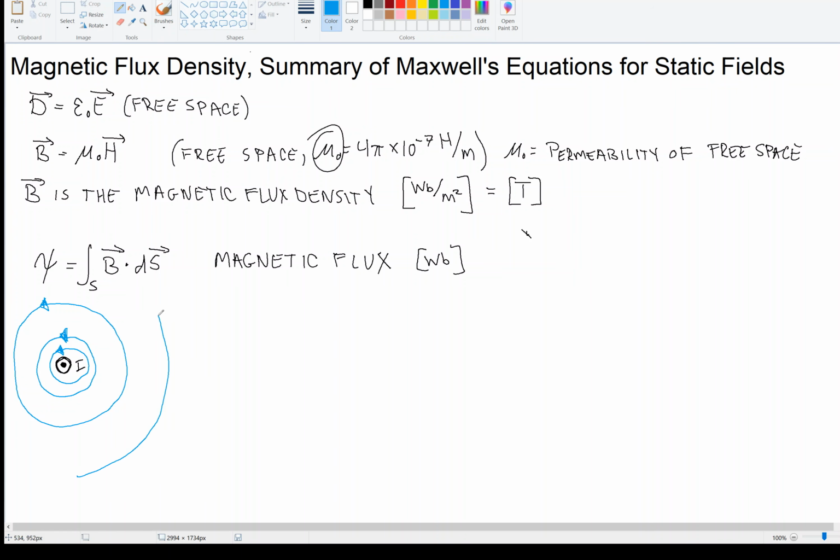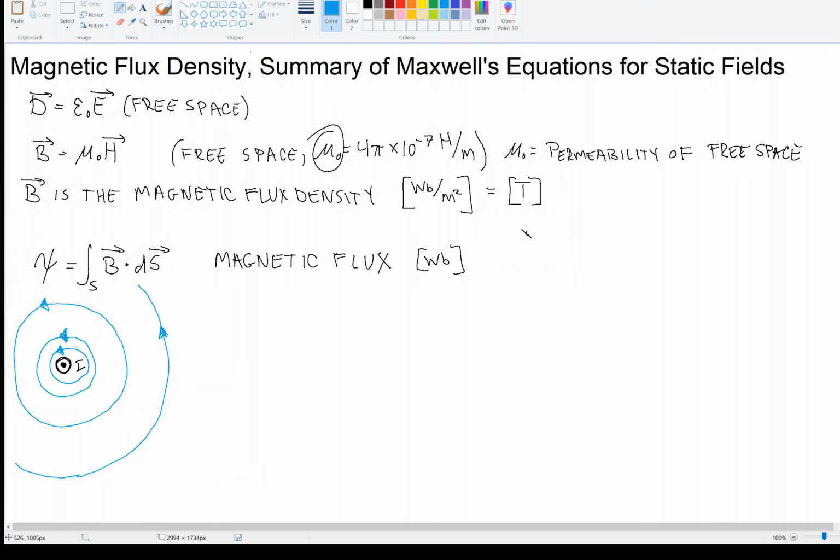So show less dense circles. And again, that means that the magnetic flux density is getting less dense as you go outward from that current carrying wire. By the way, these arrows also represent the direction a compass needle would point if you were standing in this magnetic field and you had a compass.